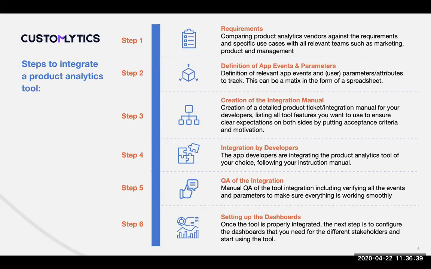So what you want to have here is to run a manual QA, which is you sitting down using the app, looking at the data that's coming into, in this case, Mixpanel, and verifying that it's all correct and all according to your specification.